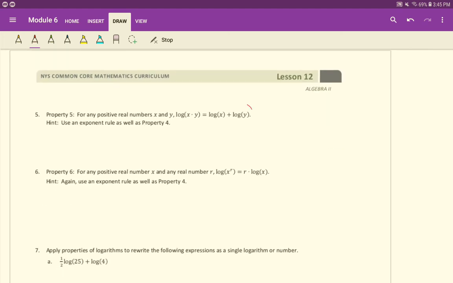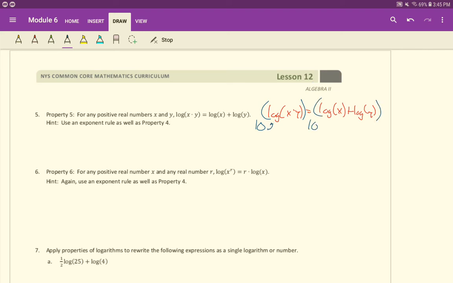Okay, this property right here, where we have log of x times y equals log of x plus log of y. Okay, how are we supposed to do that? Well, let's start again with log of x times y, and we'll say, is that equal to log of x plus log of y? And what we'll do here is we will raise each side, we'll do 10 to the power of the left-hand side, and we'll put the right-hand side as an exponent of 10.